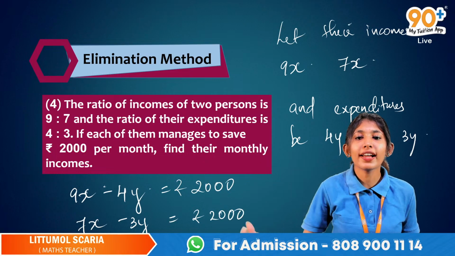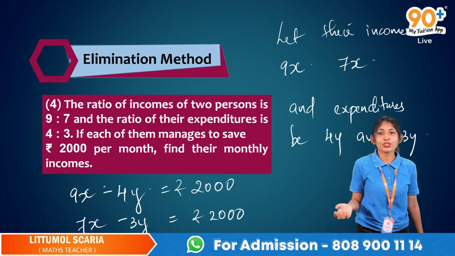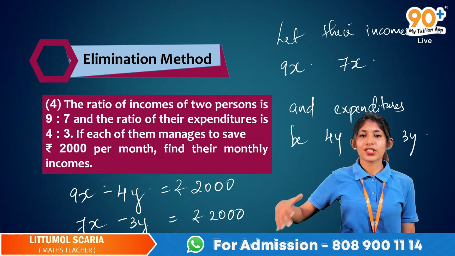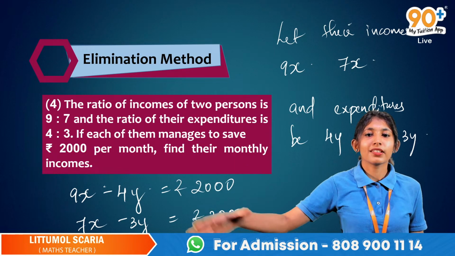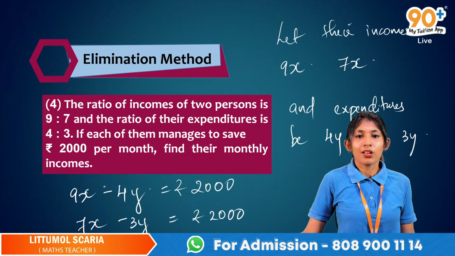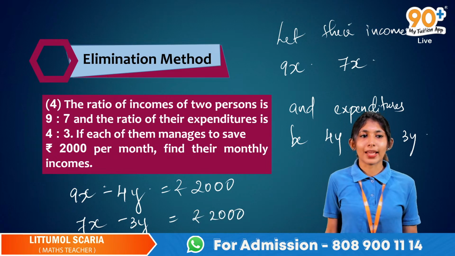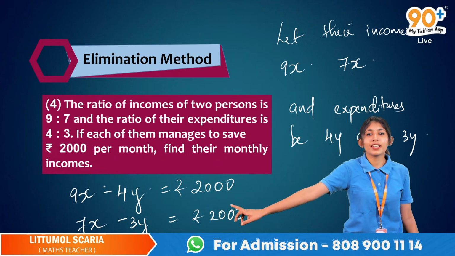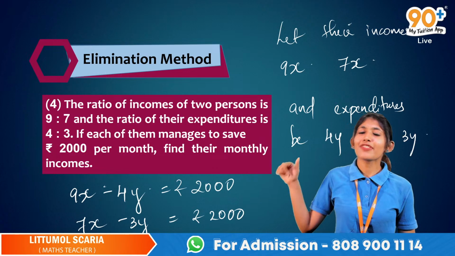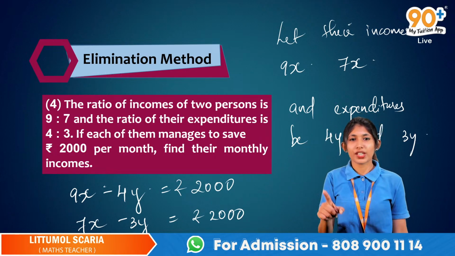So we need to find the value of x, and that too using the elimination method. If we do first equation minus second equation directly, the right hand side will be 0, rupees 2,000 minus rupees 2,000. Nothing is going to happen. Again, you will be left with an equation with two variables. So we have to make one of their coefficients the same.